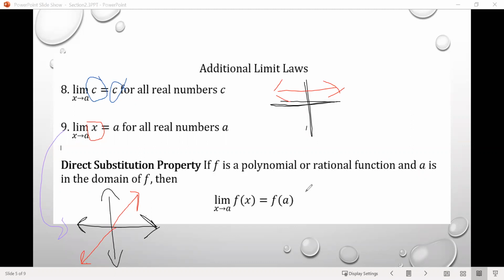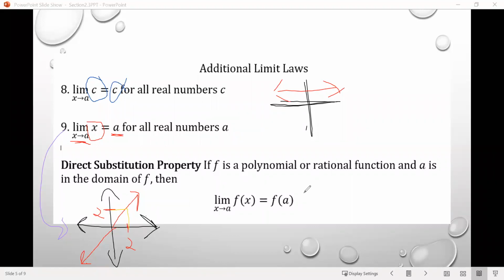For each input, say if I input 2, I get an output of 2. If I input 3, I get an output of 3. Input of -1, output of -1. So as I approach any particular value, like the value a here, the output I'm getting closer and closer to is that same number. So that's why we have the a here.